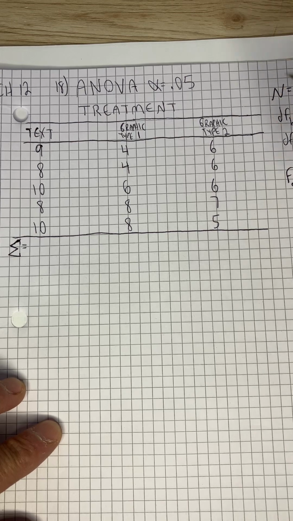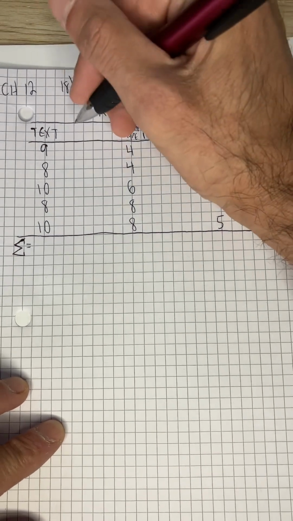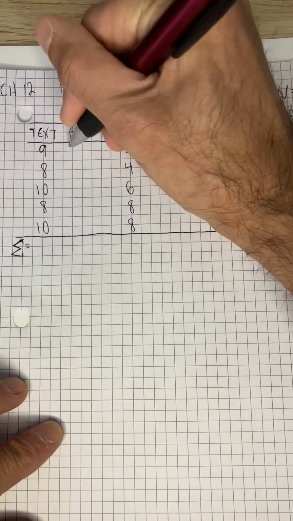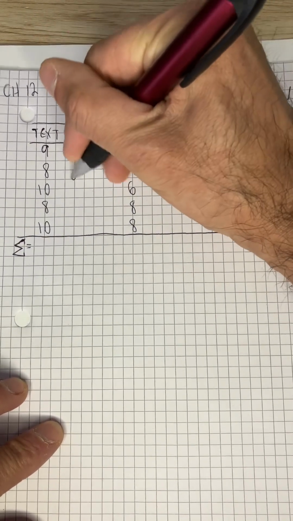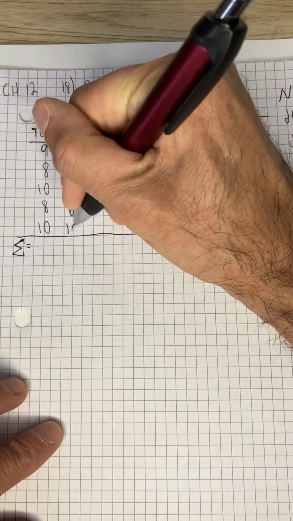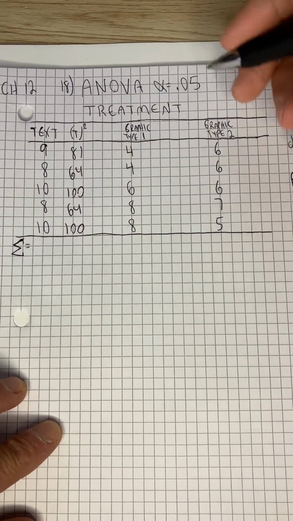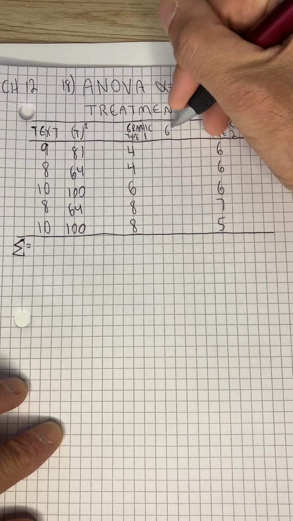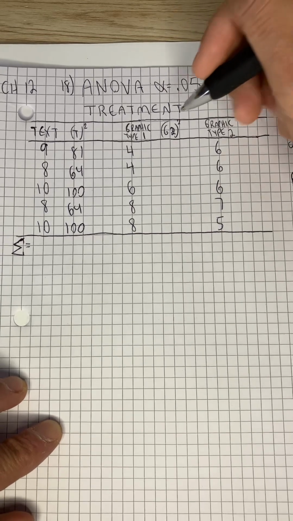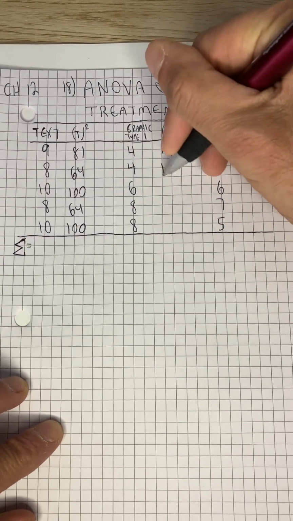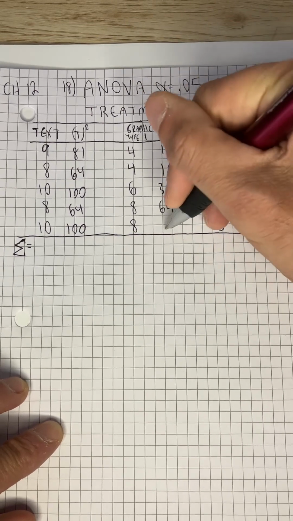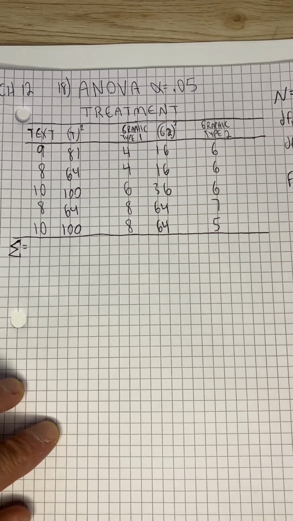So we could call this the text squared column: 64, 100, 64, and 100. And we can call this the graphic 2 squared column. That's 16, 16, 36, 64, and 64.